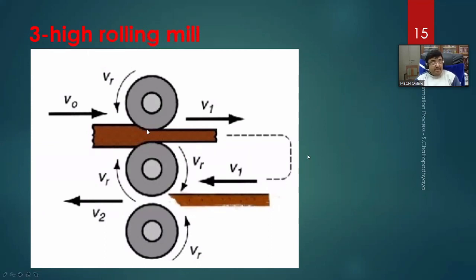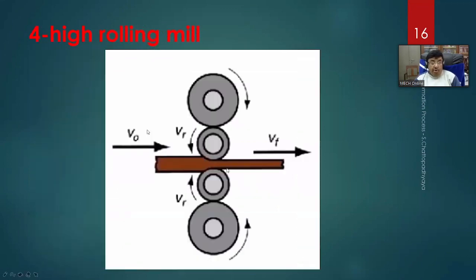An experienced process planner will decide whether it will be processed in two high roll milling or three high roll milling. Four high, where this will give the shape and the support to make it a very robust structure, and that way you reduce a huge amount of vibration possibilities, again required by the situation.